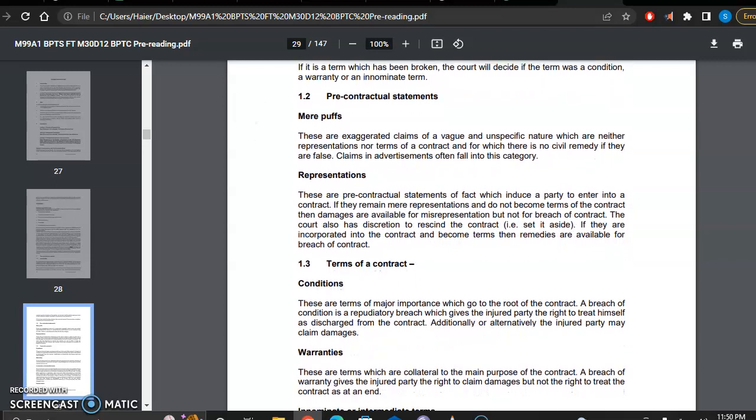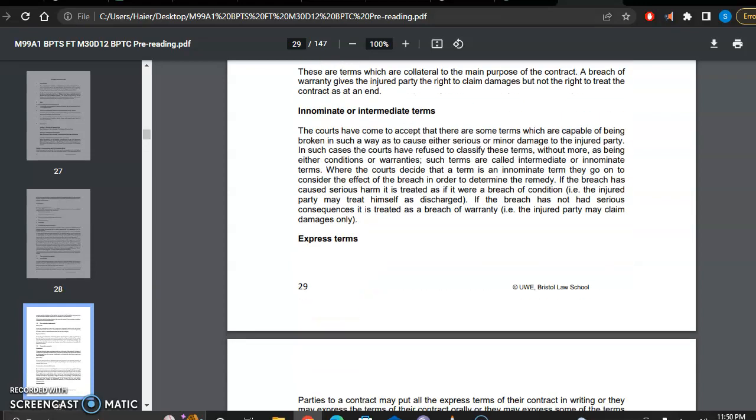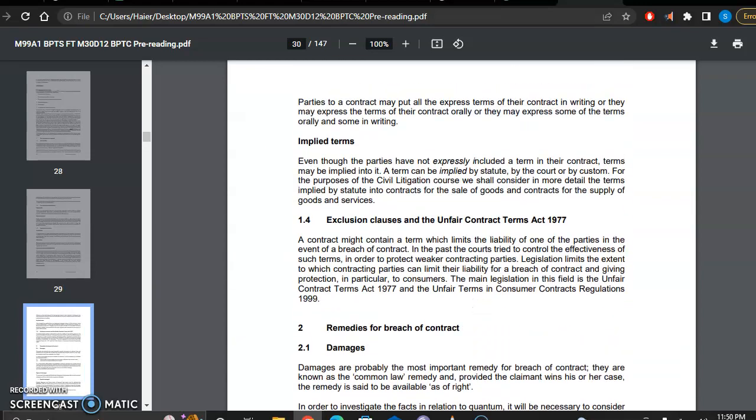So there are some pre-contractual statements, matters of fact, representations, and terms or conditions of the contract. What are the warranties? These are the things that the court shall see.